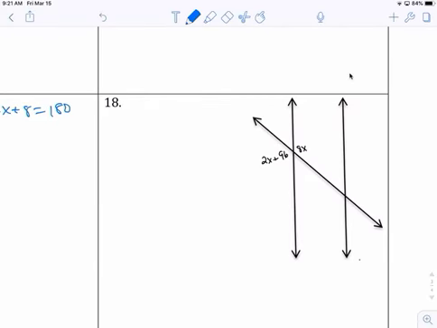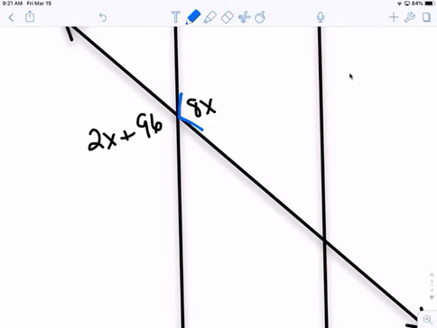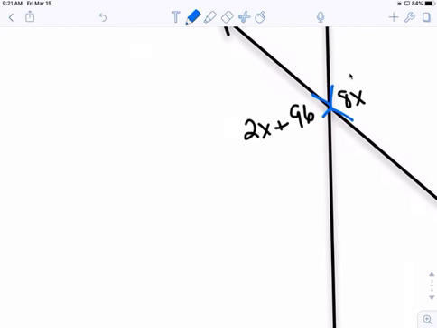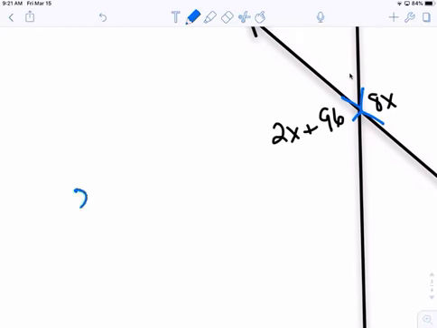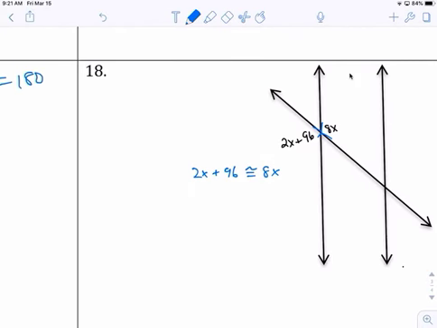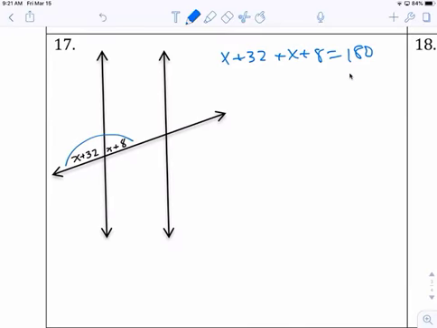And this one, because they're vertical angles, they are congruent. So we wrote 2x plus 96 congruent to 8x, and solve that. Okay, and when we solve this, we got x was equal to 70.